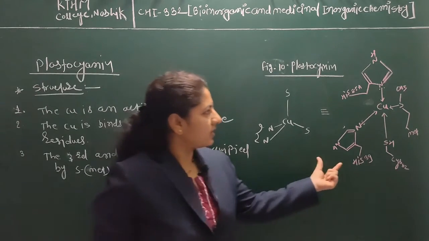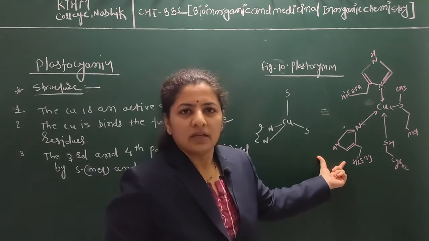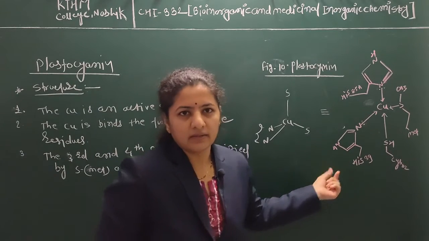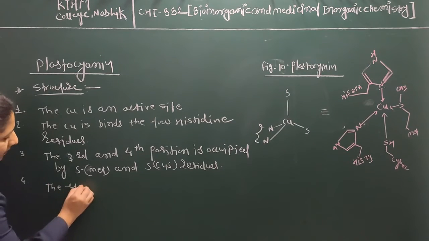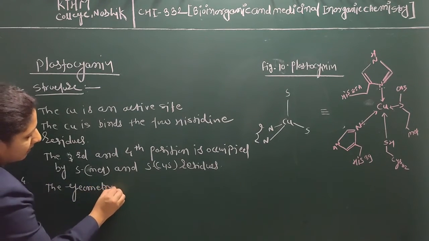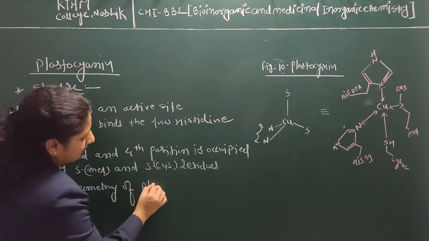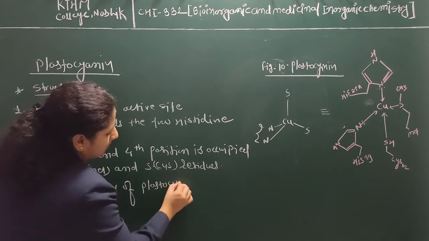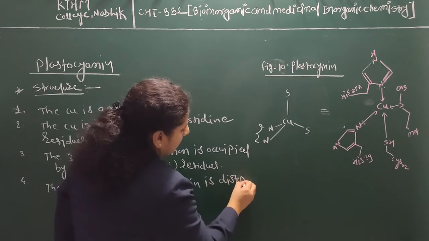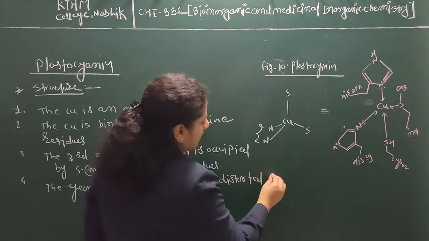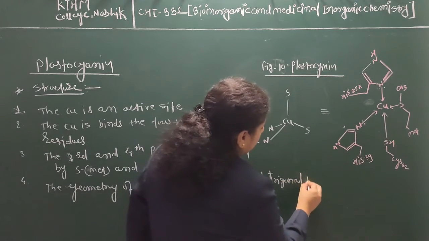As we see in the structure, the geometry of this metalloenzyme is distorted trigonal pyramidal.